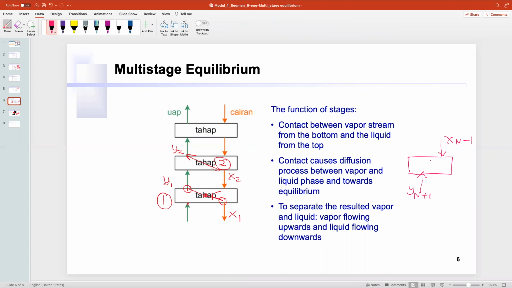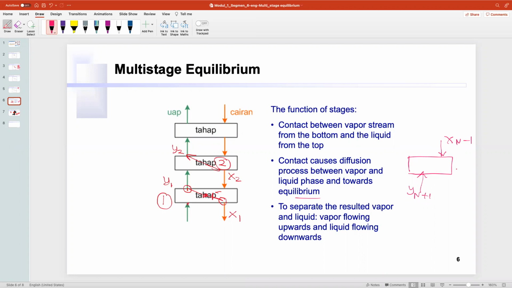They will have contact, which we call cross diffusion. You mix them together, as if you shake them in a jar between the vapor and the liquid, or it can swirl around and make froth, bubbles, to make diffusion. They contact each other until they reach equilibrium. That's right, Nadifa.